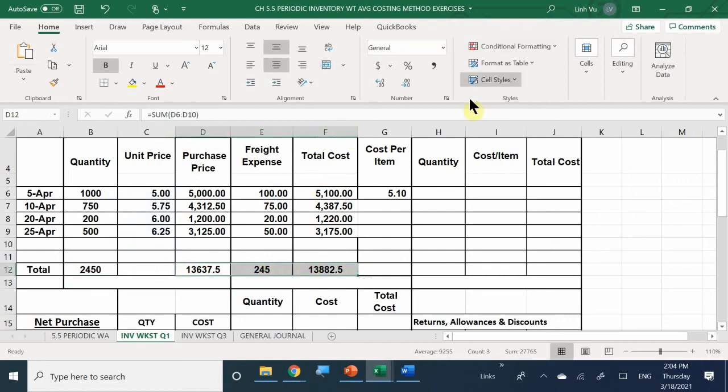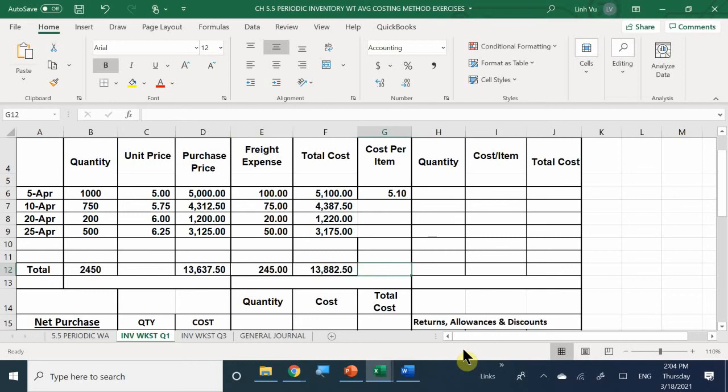All right, so again, we've done this exercise already, so these numbers should all look familiar. Now, here's the difference. Now we have to actually calculate the average cost per item. Because we have no beginning inventory, you can calculate your average cost per item right here.